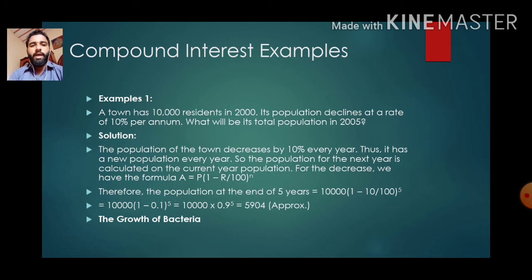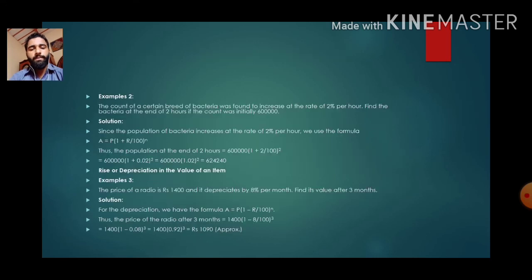For the decrease, we have the formula A is equal to P(1 - R/100) to the power N. Therefore, the population at the end of 5 years is 10,000(1 - 10/100) to the power 5, which is 10,000(1 - 0.1) to the power 5, which is 10,000 multiplied by 0.9 to the power 5, equal to 5,904 approximately.